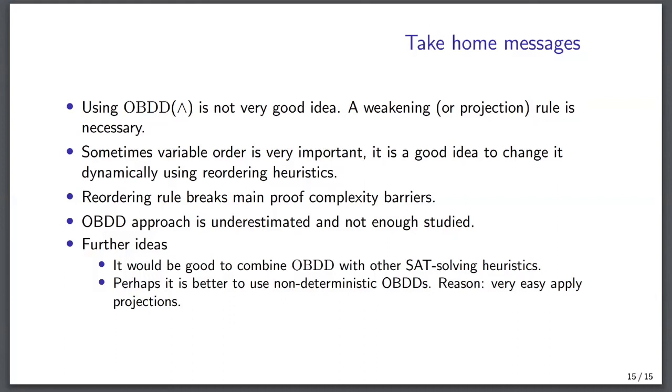And also for non-deterministic OBDDs, there is another nice property: the extension rule does not help the proof if the proof system uses non-deterministic OBDDs. But there is a problem because the property of minimizing is not obvious. It is also easy to minimize the size for non-deterministic OBDDs, but computing the operation is easy. Okay, that's all. Thank you for your attention.